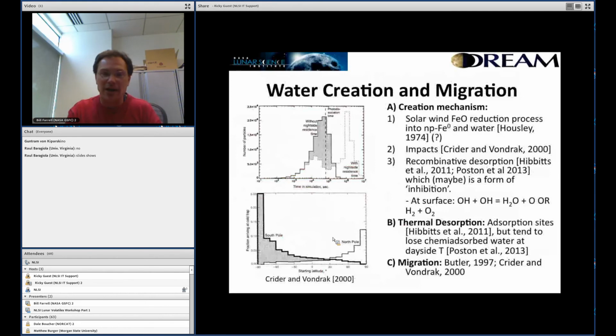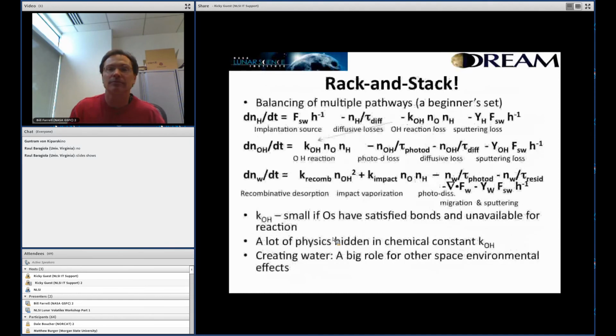But once those waters start jumping around, as Carl and Michael talked about yesterday, they'll have these adsorption sites where the water will collect. And you would expect in an environment with impacts and sputtering that there'd be more adsorption sites in the material. And of course, all this stuff migrates and eventually gets to the polar region, as Dana talked about in her 2000 paper. So next slide.